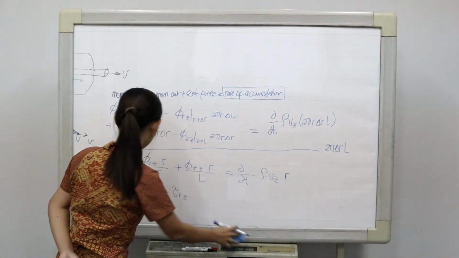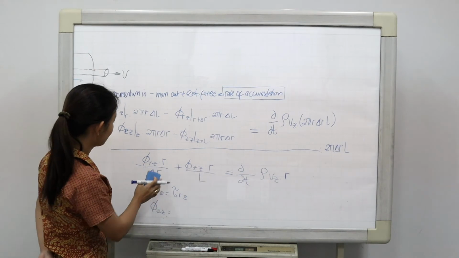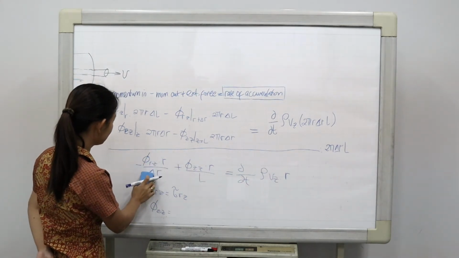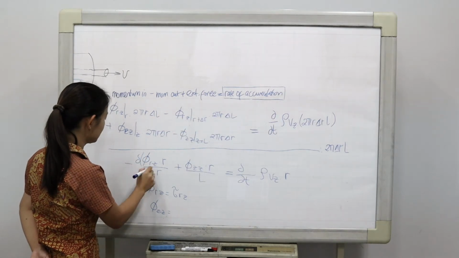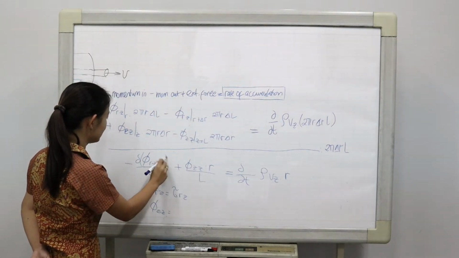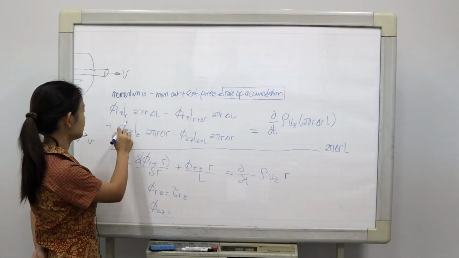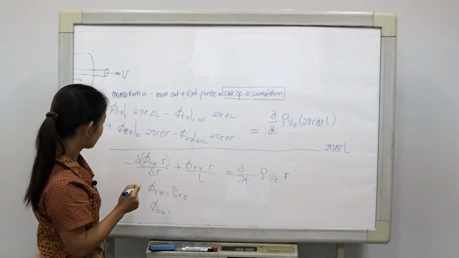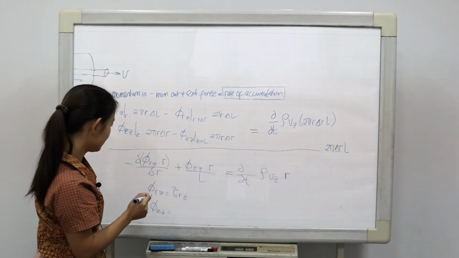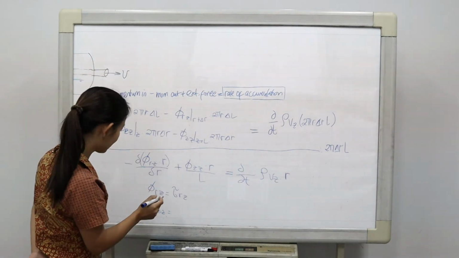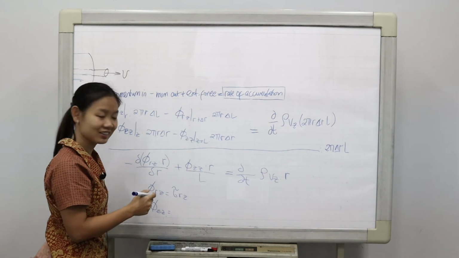Maybe I just fast forward a bit. We have minus ∂ over ∂r because it's from r to r plus delta r. I hope it's correct. If I'm wrong, correct me.